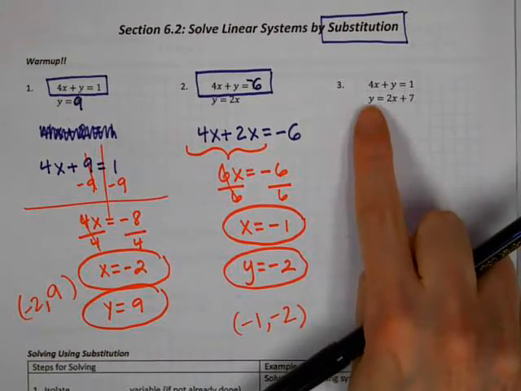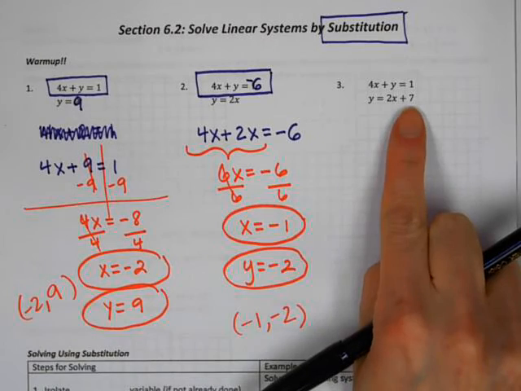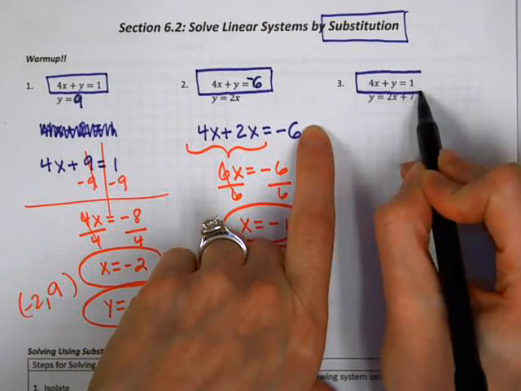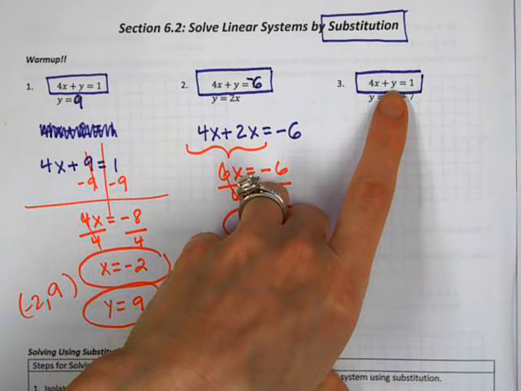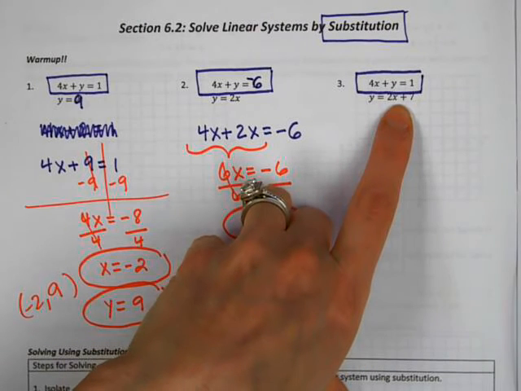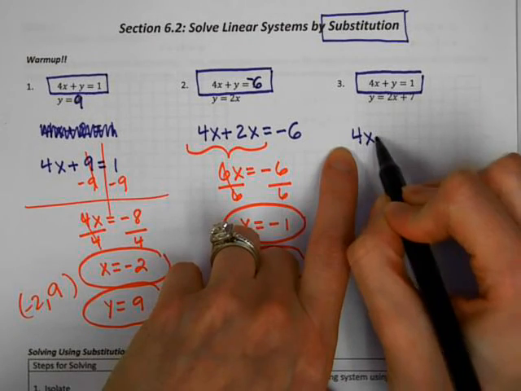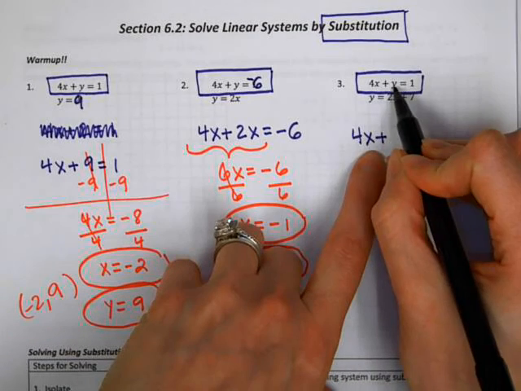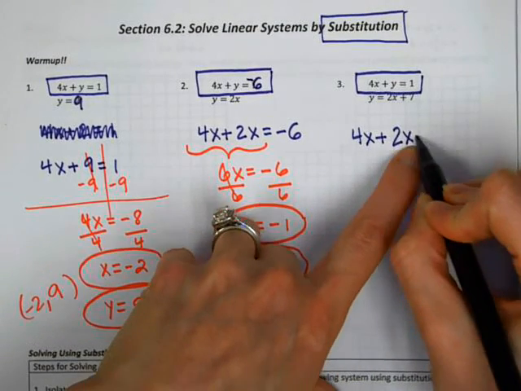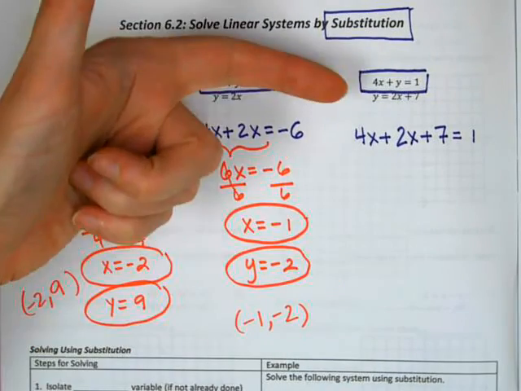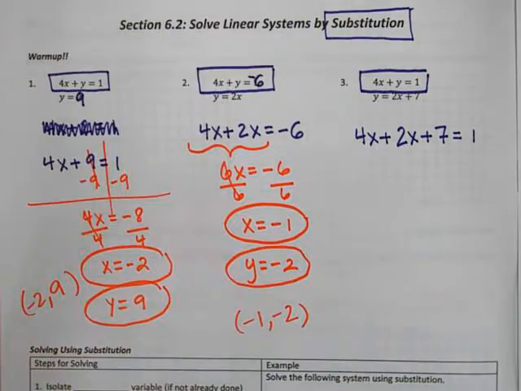See how it says y equals 2x plus 7? Well, that means in this equation, wherever we see a y, we can substitute in 2x plus 7. All right, so let's rewrite this. But now, instead of writing the y, we're going to put in its place 2x plus 7. Okay, so see how we just made a little substitution.